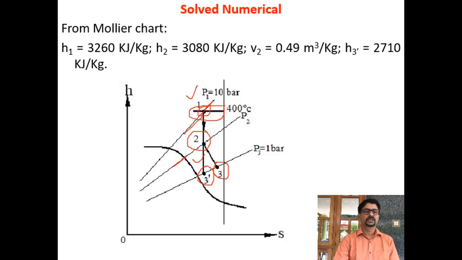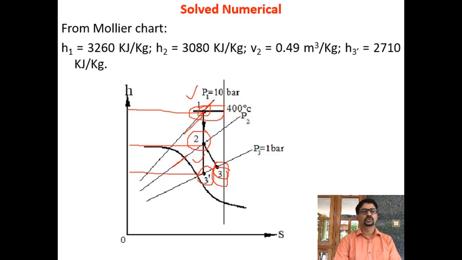Okay. So let us note down now, corresponding to this point you note down H1 here, H2 here, and H3 dash also you can note down, but not H3, because H3 you have to find out using the nozzle efficiency formula. Because we don't know where this point 3 lies.